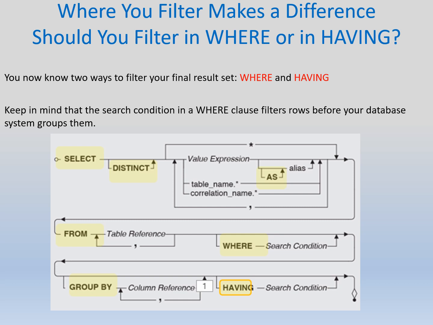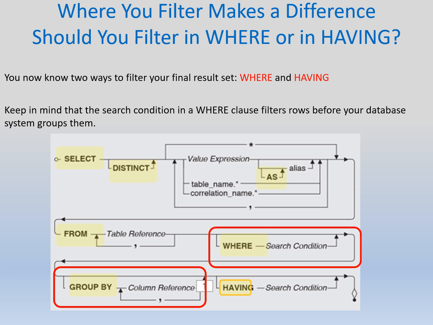Keep in mind that the search condition in the where clause filters the rows before your database system groups them. Looking at the syntax diagram, we see the where clause before the group by clause. Again, keep in mind that the condition in the where clause filters the rows before the database groups them.